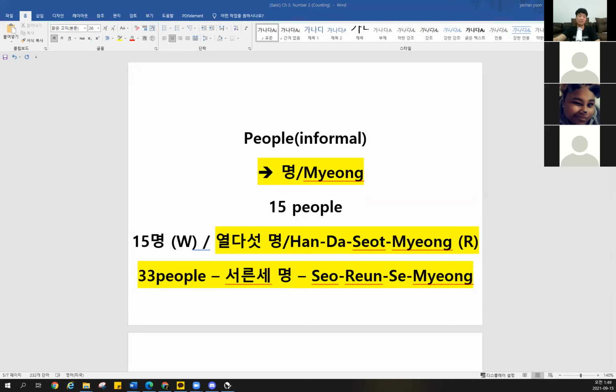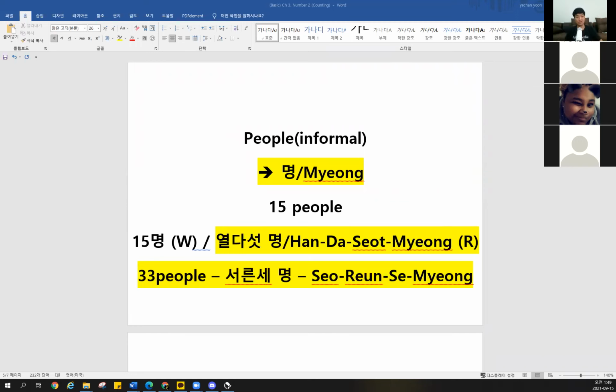At that time, they will use counting words. The staff will use the formal counting word for customers, but customers can use the informal counting word, and it can still be respectful, because even if you use an informal counting word, the sentence can be formal.